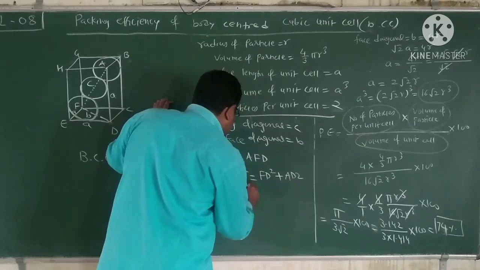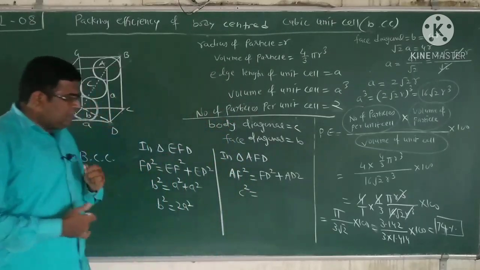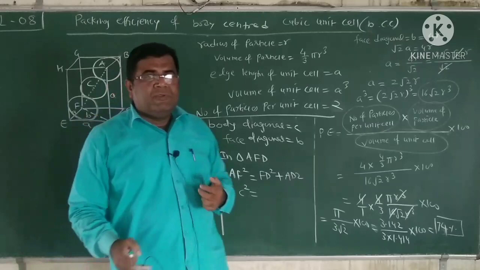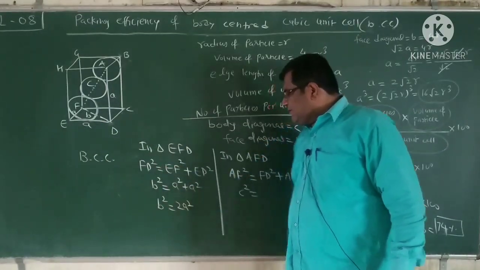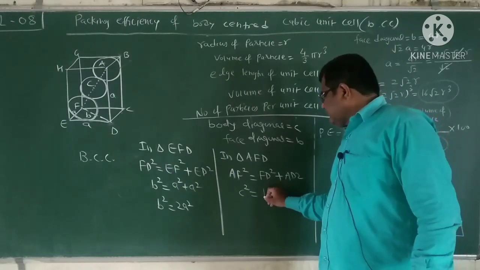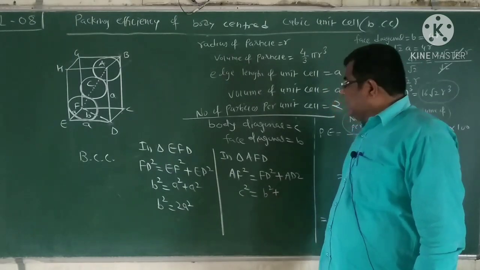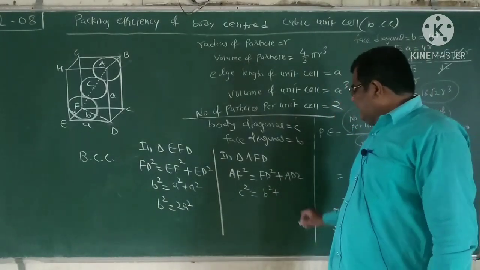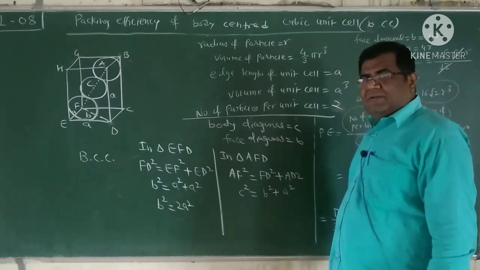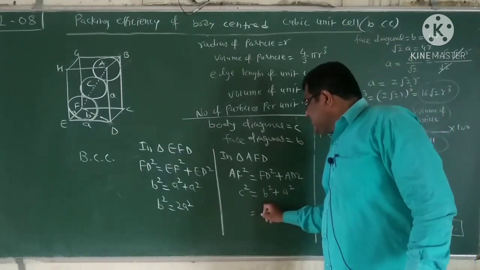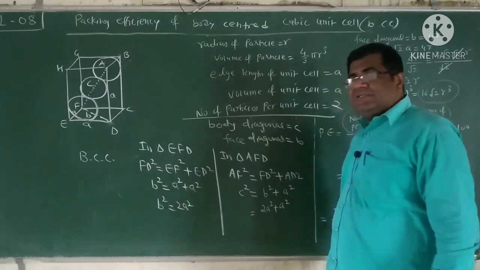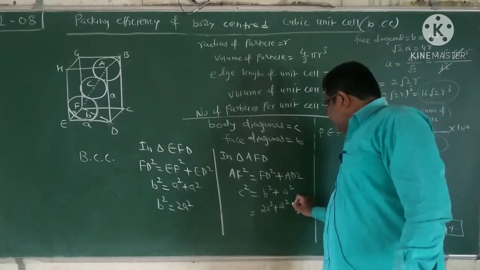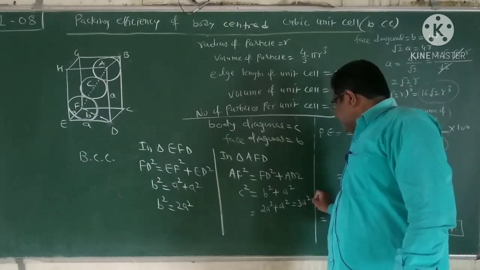AF square is C square, FD square is B square, plus AD square is A square. B square is equal to 2A square, we already know it, and this is A square, which happens to be 3A square.